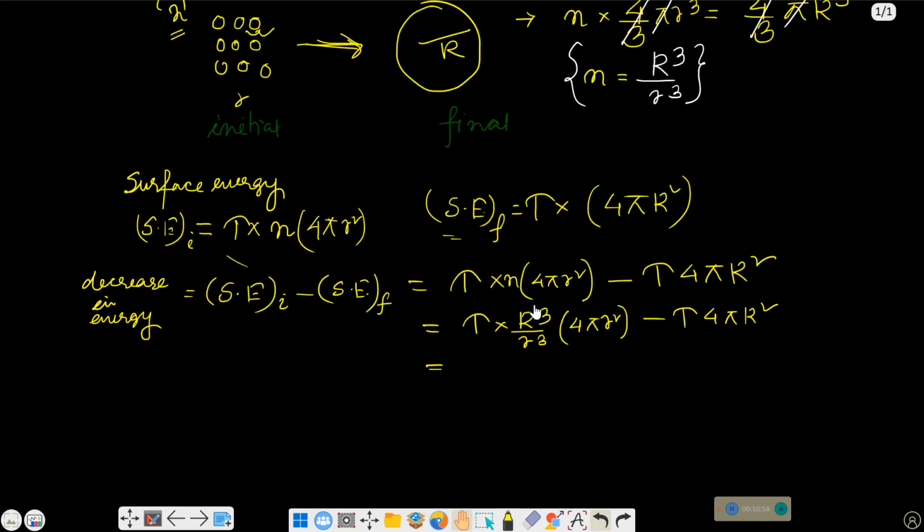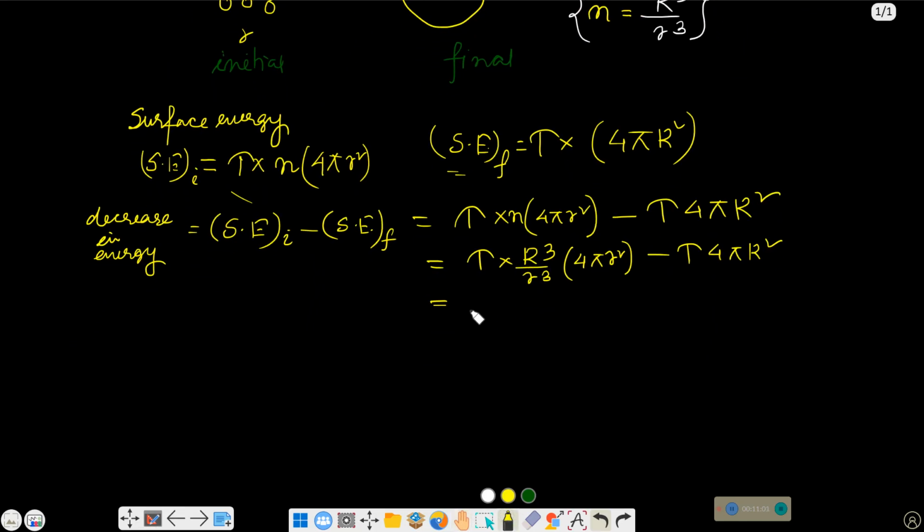Now if we do this, what we will get is this r square and this r cube gives r. Okay, so we will be left with T into 4 pi capital R cube by small r minus T into 4 pi capital R square. Okay, so 4 pi capital R square T we can take common.